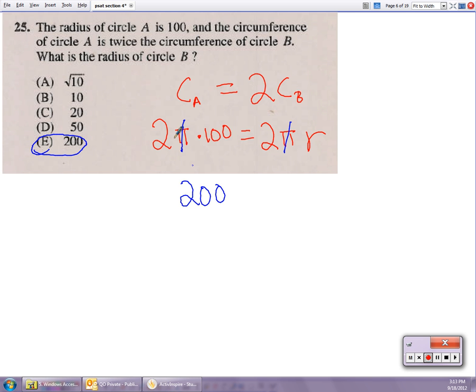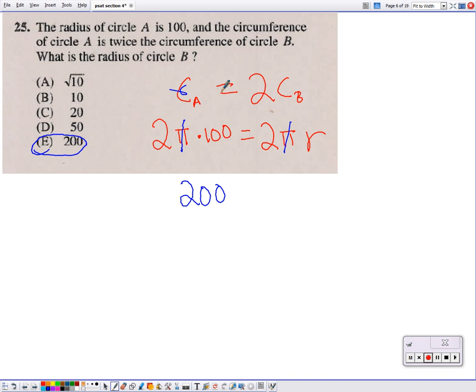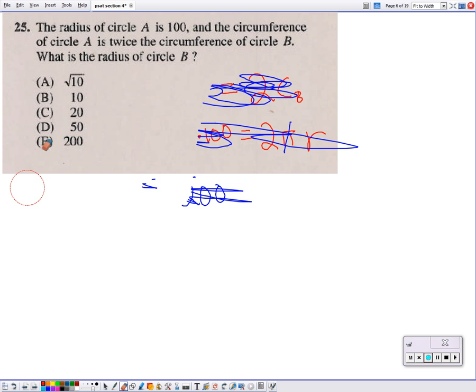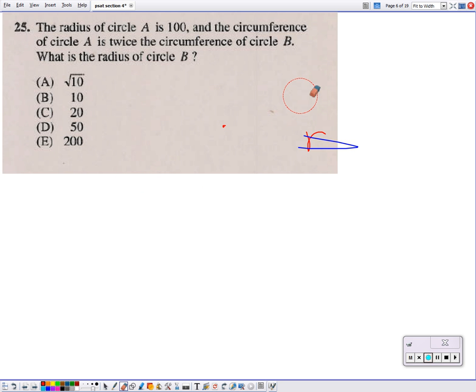Here's how I realized I made a mistake. If the circumference of circle A is twice the circumference of circle B, that means circle A's circumference actually has to be bigger. So I'm going to go about this a different way. We can find the circumference of circle A using our equation 2 pi r.